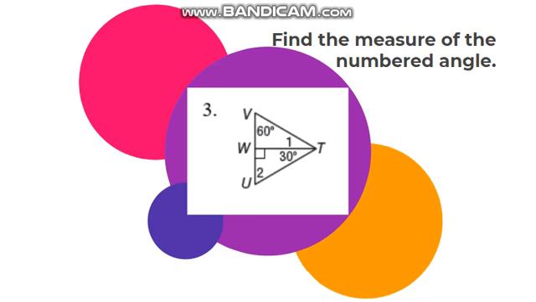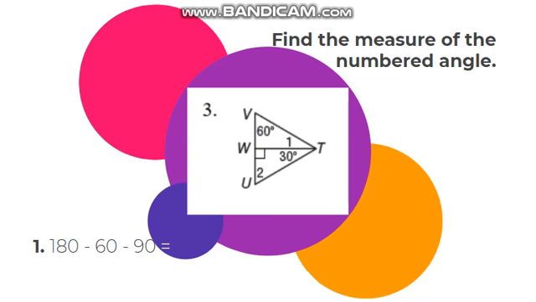For exercise 3, we're finding angle 1 and angle 2. To find angle 1, we're going to subtract 60, and then we know that these 2 angles right here formed by this intersection are both 90 degrees.